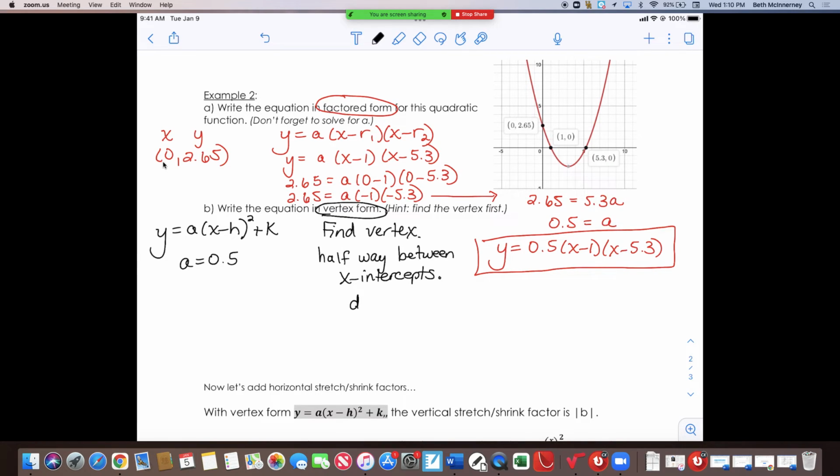Okay, well, the distance is 5.3 minus 1 over 2, which is 2.15. So then the vertex is 1 plus 2.15, or at 3.15.